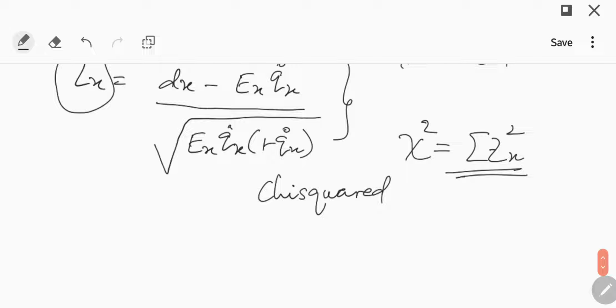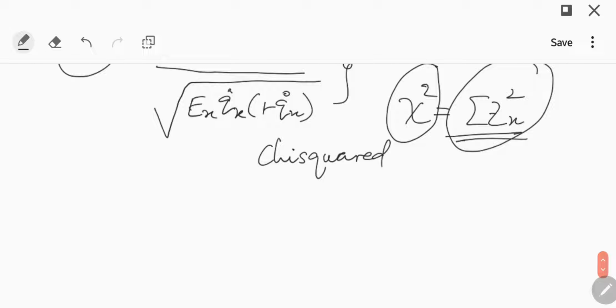Our calculated values are compared with the chi-square values. If the calculated value is much more than the critical value, then we can reject the null hypothesis. So from here you can do the calculations and find out whether to reject or accept the null hypothesis.